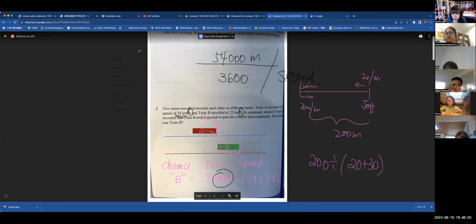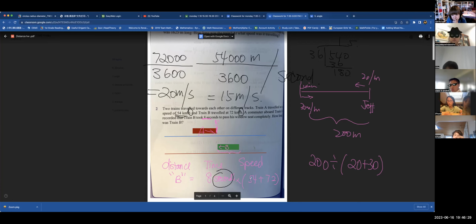So also we need to do 72,000 divided by 3,600 equals 20 meters per second. And this one is 15 meters per second. Am I right? Yeah.